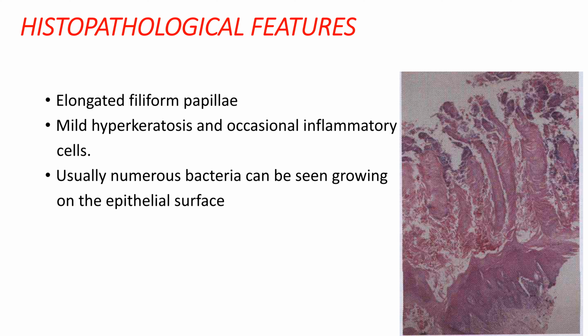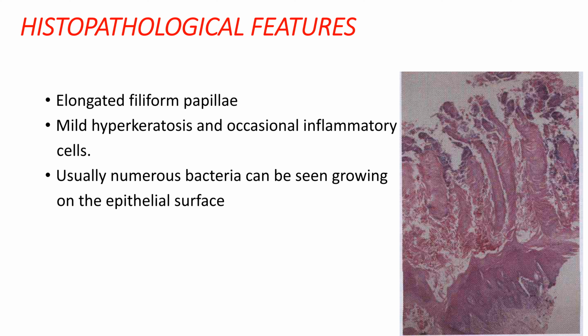Histopathological features of hairy tongue. There are elongated filiform papillae. You can see in the picture elongated filiform papillae with marked hyperkeratosis and bacterial accumulation on the surface. There is mild hyperkeratosis, that is, deposition of keratin layer on the surface, and occasional inflammatory cells present in the connective tissue.